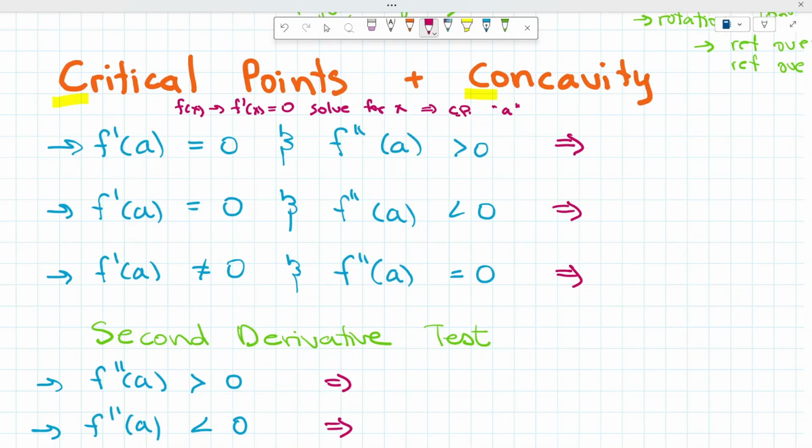So in our first case over here, we have that f prime of A equals 0. So right away that tells us that it's a critical point by our definition above.